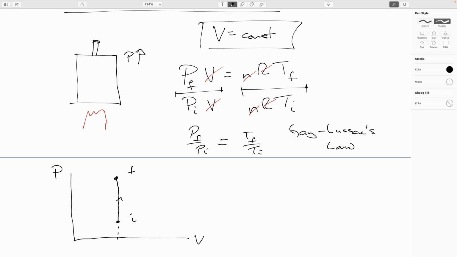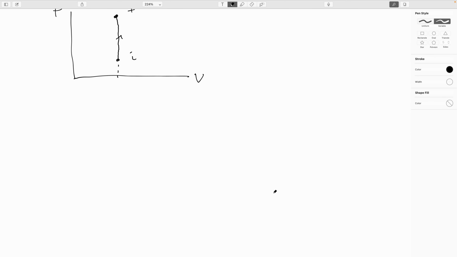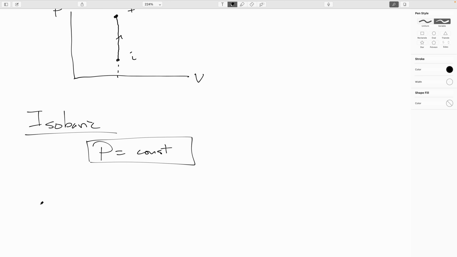All right, let's take a look at another. We can look at an isobaric process. So again, iso, the same what? Bar, as in barometric pressure. So the pressure is a constant. What we can imagine is, say, having a piston, like so.